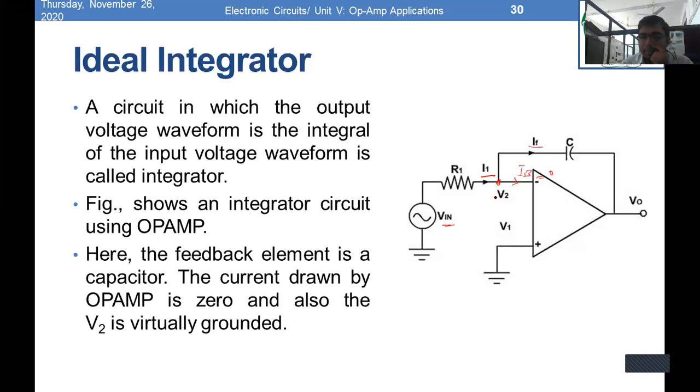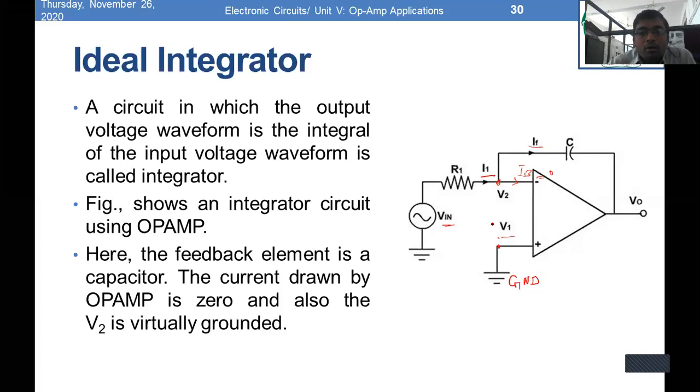Another important concept here: as the non-inverting terminal is connected to ground potential, the voltage at the terminal V1 is 0. So as per the virtual short circuit concept, V2 would also be 0, or V2 is virtually grounded, you can say. V1 is physically grounded, but V2 is virtually grounded.